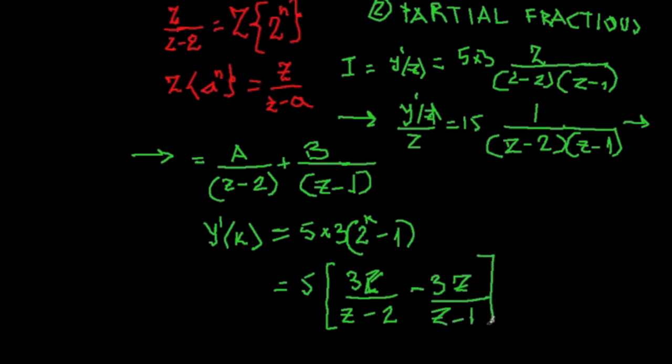Okay, so therefore when we determine a and b, which in this case are 1 and minus 1, we will have that this z is coming from shifting back into the expression, and therefore we can find out that y of k is now 5 multiplied by 3, 2 to the k minus 1.